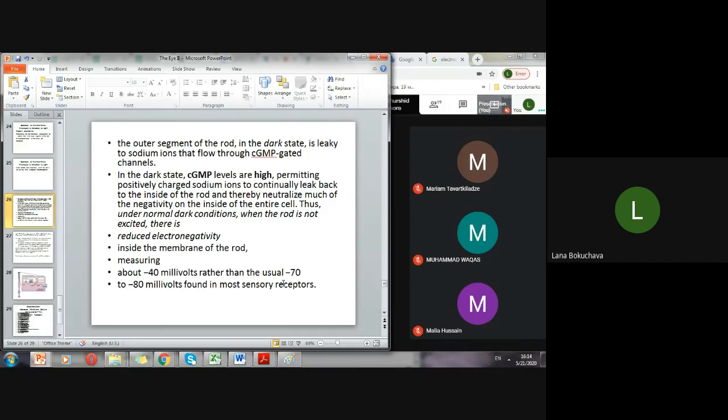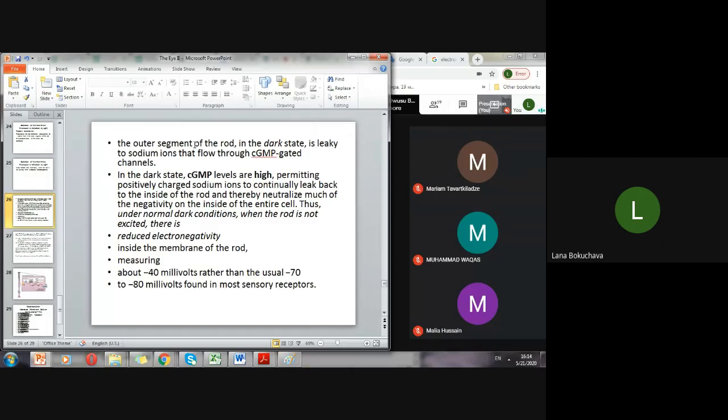So out of this slide, what is important for us to remember is how we can achieve the reduced electronegativity during the dark period, when there is no activation of the rod.